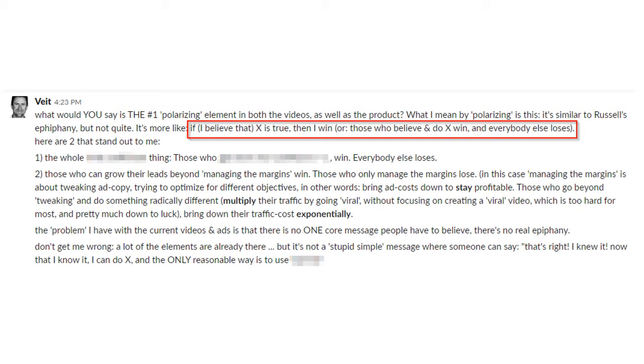And the fun thing is, as I sort of say in the last sentences here, they basically had those core elements already there, but they're not formulating it in a really simple and almost in-your-face message. They really need to say explicitly, those who do X win, and those who don't, they lose.